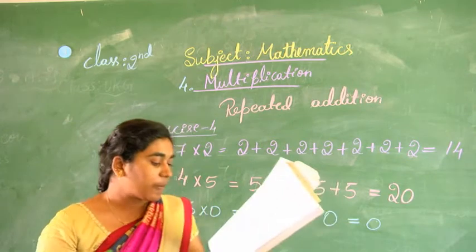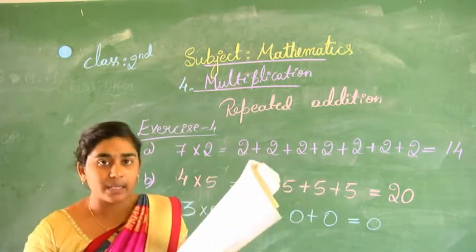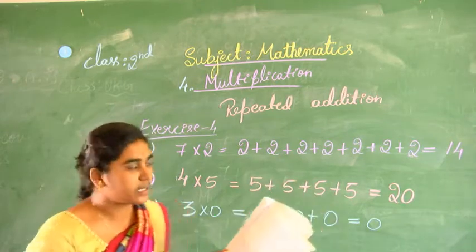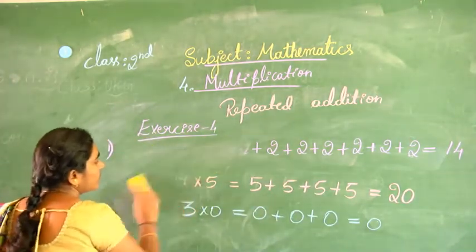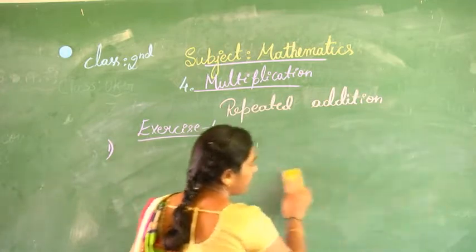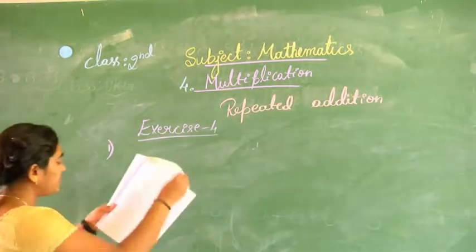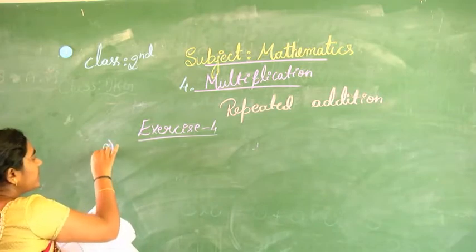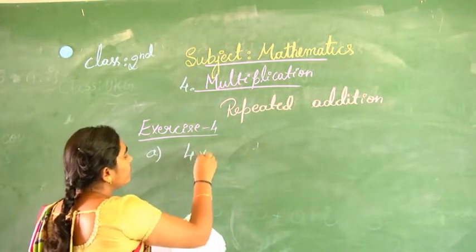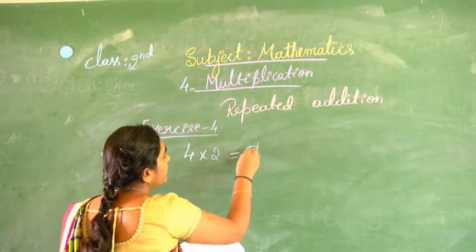I will go to the next one: fill in the blanks and write the addition sentence. It is also similar to the first one itself. Same as the first one, only the heading is different. Fill in the blanks and write the addition fact. They have given 4 multiplied by 2 is 8.